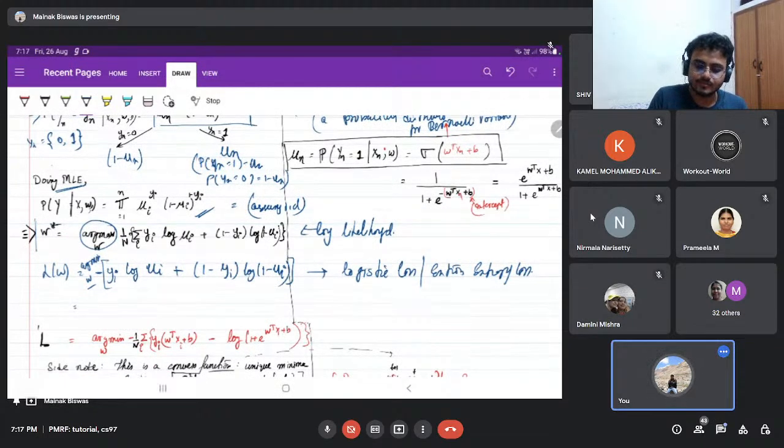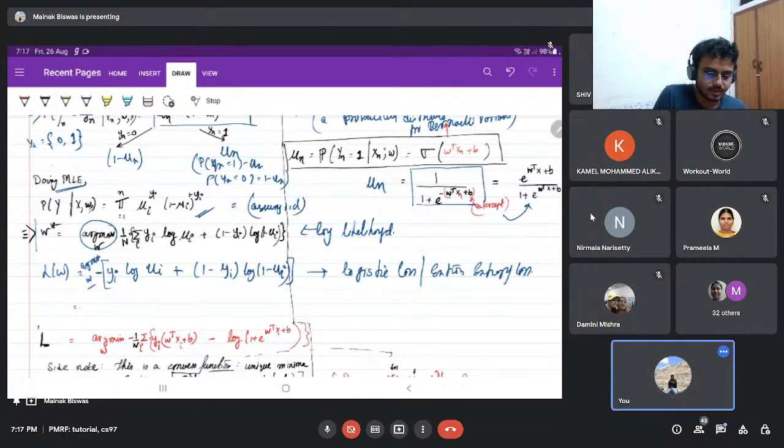So here you can see W transpose x plus b is this equation on the right. So given x, the probability mu n can be written as 1 by 1 plus e to the power of minus x, where x is W transpose x plus b. I just expanded it this way. I divided by e to the power minus W transpose x plus b throughout and got this.